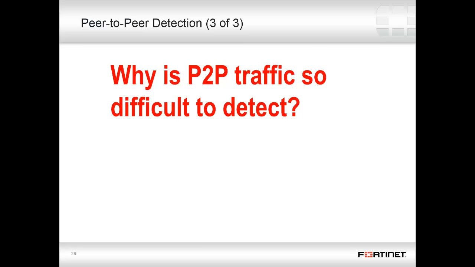But this still does not answer the big question: why is peer-to-peer traffic so difficult to detect? When HTTP and other protocols were designed, they were built to work. Designers did not care if they were easily detectable. What they wanted was for it to be distinct from other protocols.